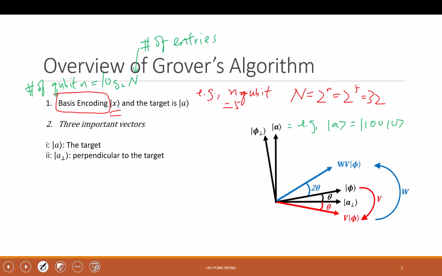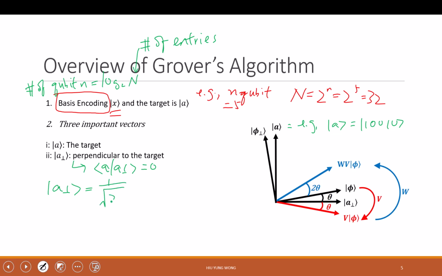Or if it's in 2-dimensional space, they are perpendicular to each other. That's why the inner product is equal to 0. Okay, so how do we construct this? This means the inner product of A and A perpendicular equals 0. So it turns out that A perpendicular can be expressed as, let me just show you and you will agree.